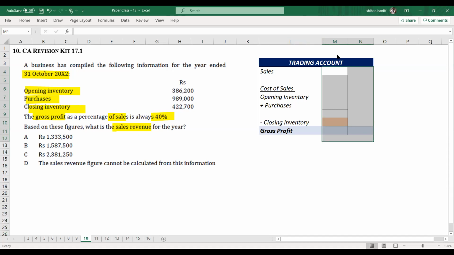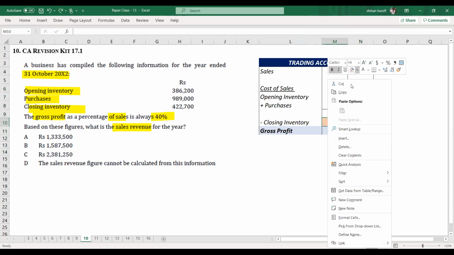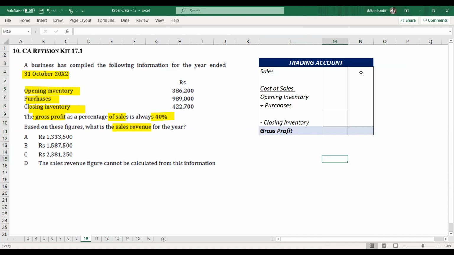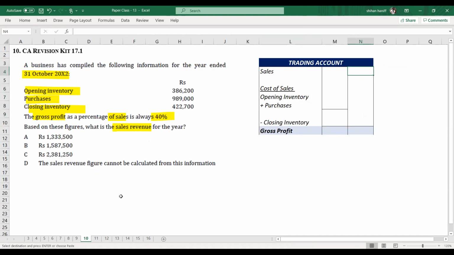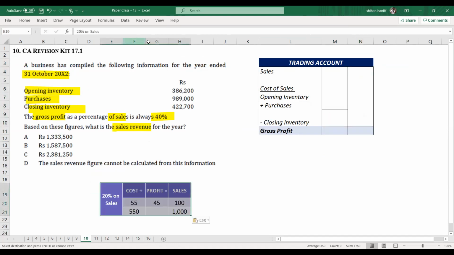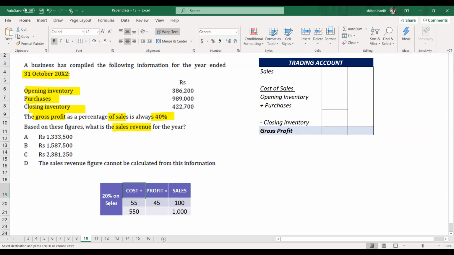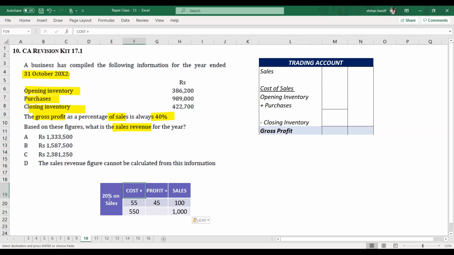Right. Can you tell me the answer for this sales revenue? Sales is what we need. 40% of sales.